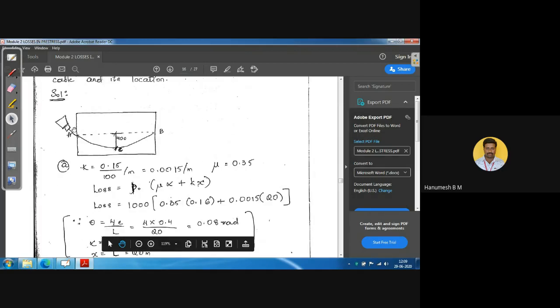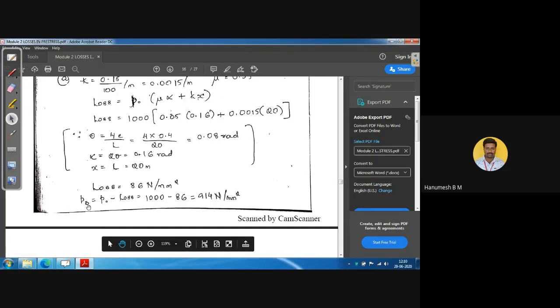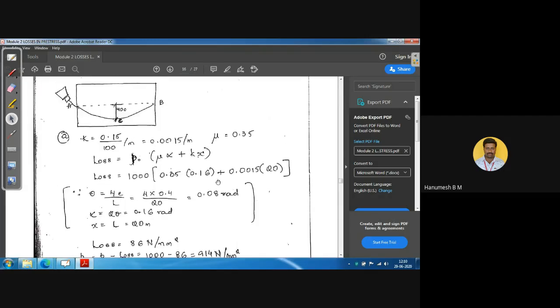At the jacking end it is 1000 Newton per mm square, but when you come to the end B, the loss will be 86 Newton per mm square. If you subtract the loss from 1000, we get the stress at the far end, that is P naught minus loss, 1000 minus 86 is equal to 914 Newton per mm square. So this is assuming the cable is parabolic and the jacking is at one end.